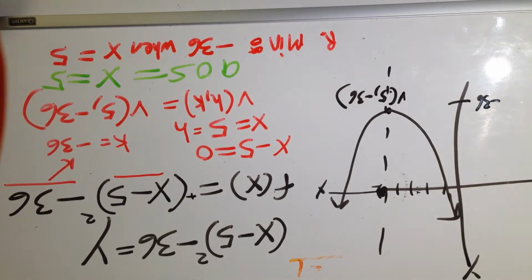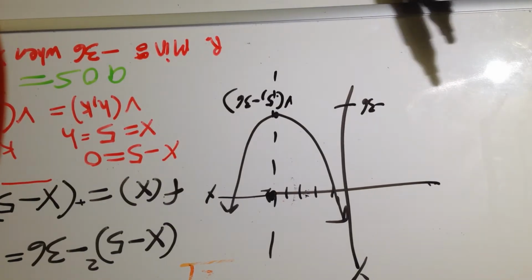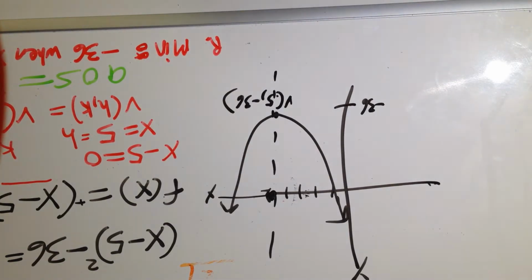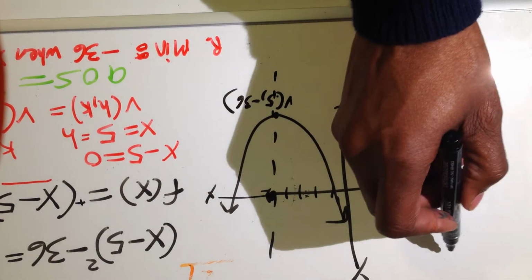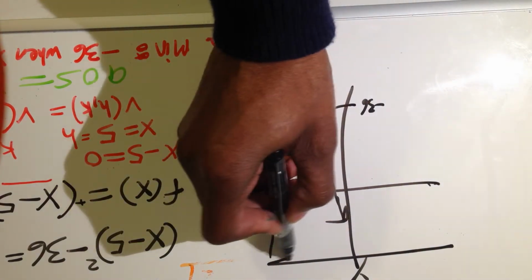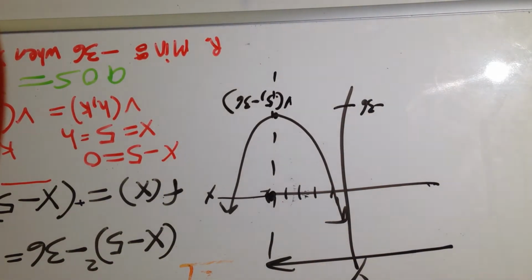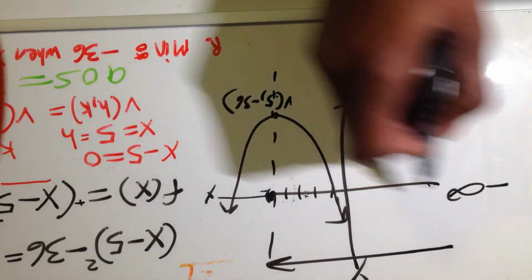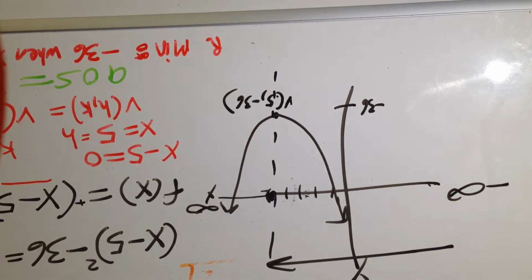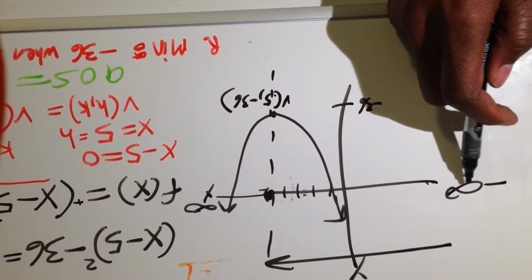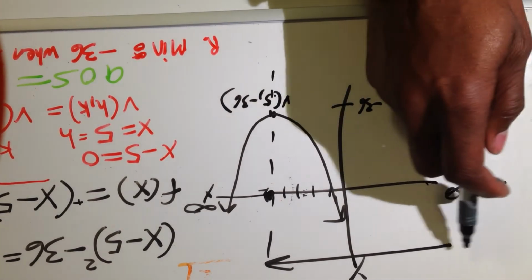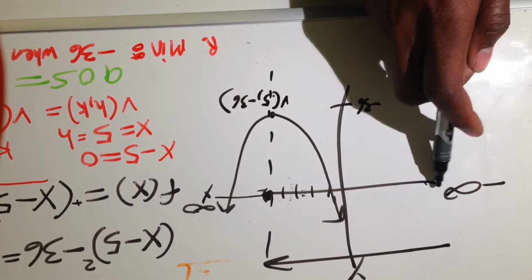And they may ask you when is the function increasing and when is it decreasing. Remember, we always read a graph from left to right, so we start from the left side. This is negative infinity, this is positive infinity. And we ask ourselves, when is it decreasing? We read it on the x-axis.